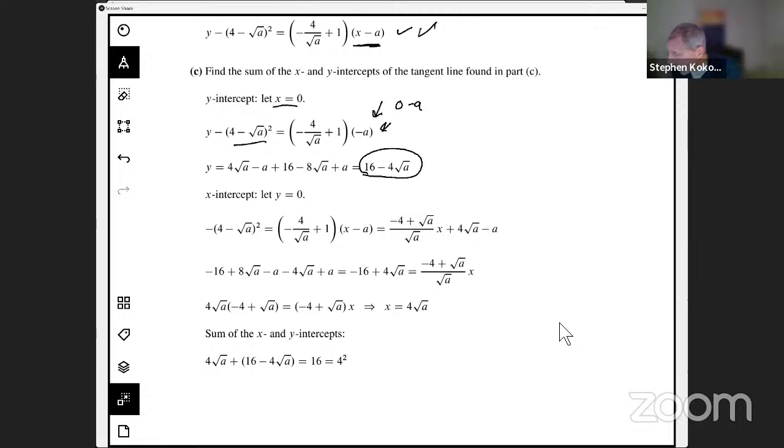Now I've got to find the x-intercept, so I have to let y equal 0 in that expression. On the left-hand side, that's 0 minus the y value. Yikes, I've got to solve that for x. So I went through all of that, and you know what? It's not bad at all. It's 4 minus the square root of a.